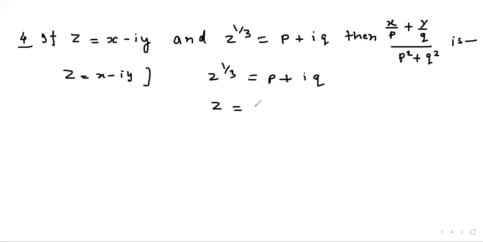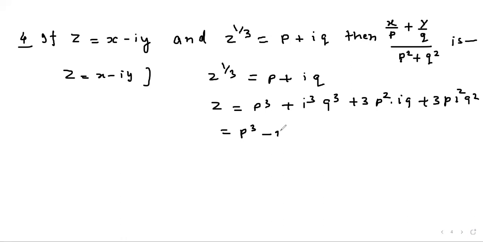So we get z equal to p cube plus iota cube q cube plus 3p square iota q plus 3p iota square q square. So this will give p cube minus iota q cube plus 3p square q times iota minus 3pq square.